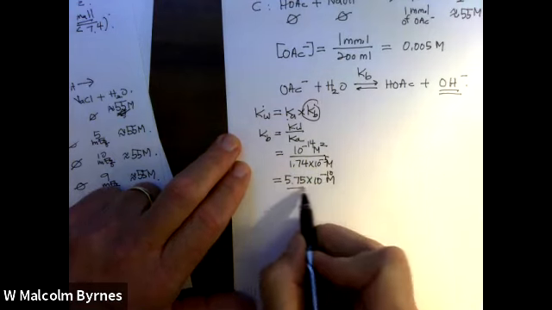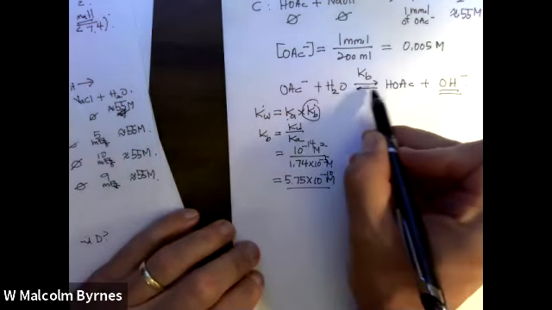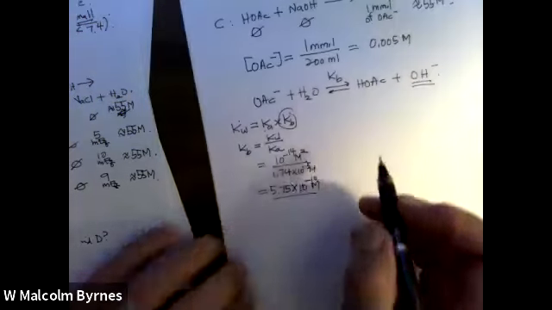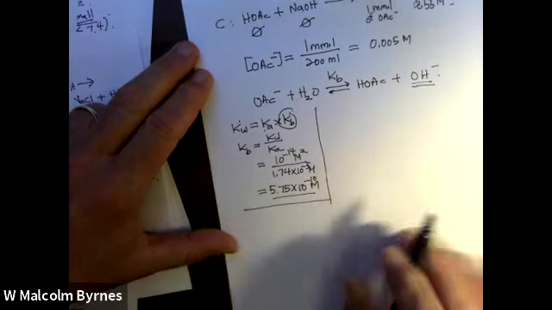That's a really small number, so it's not really going to ionize very much at all. But that's a little sidebar calculation of how we determine what the Kb is.